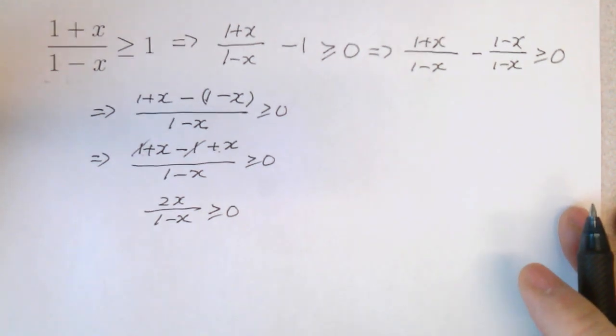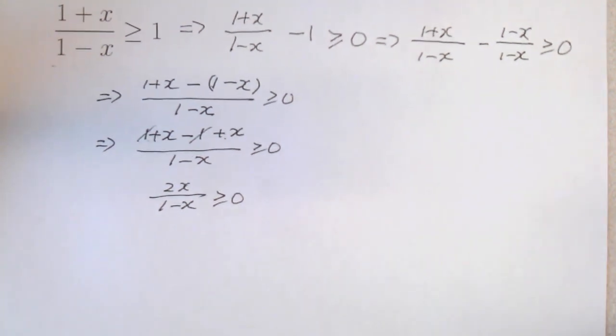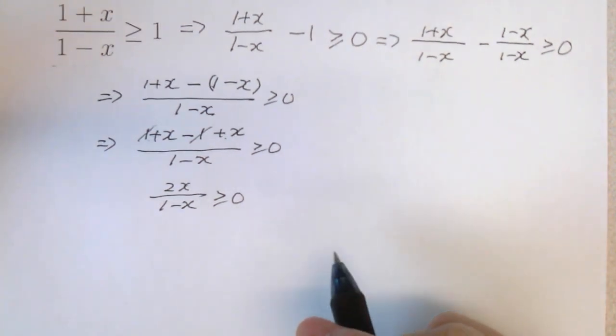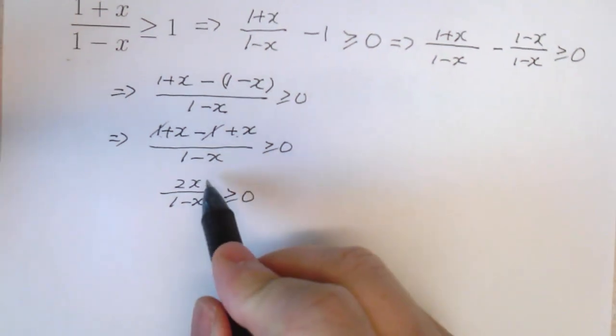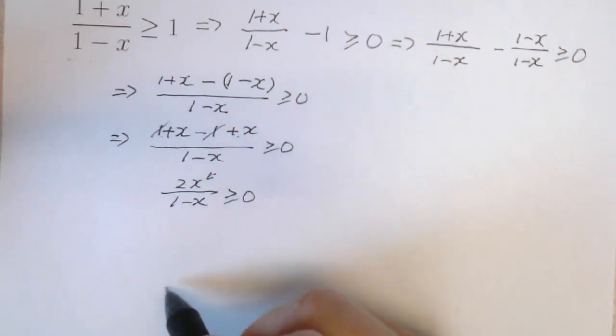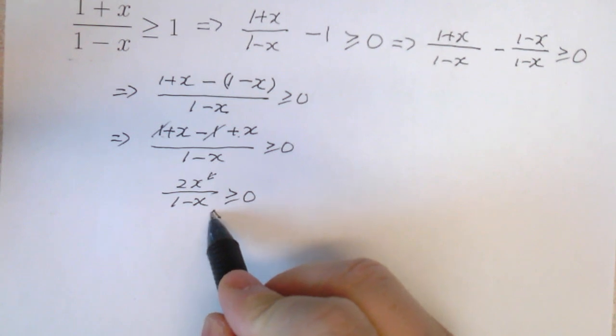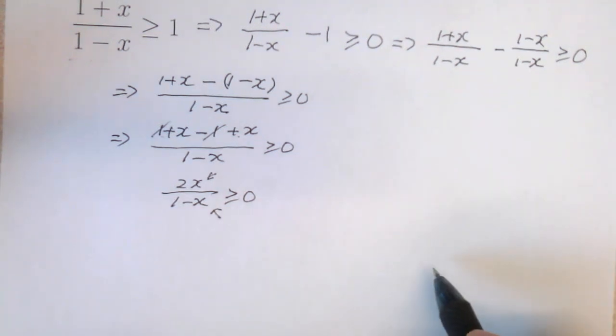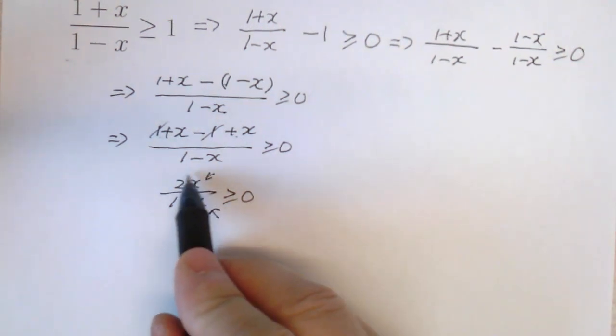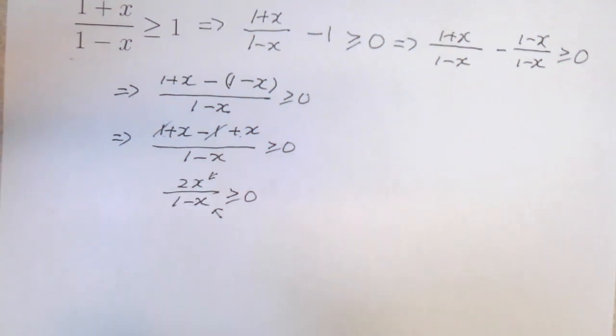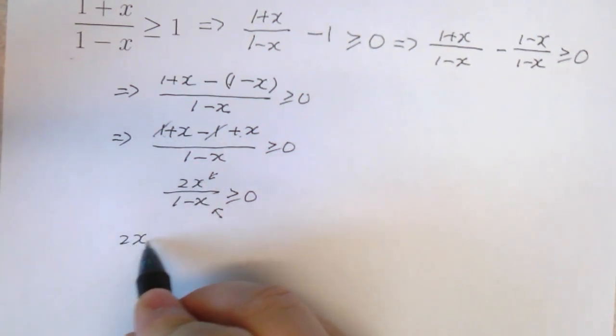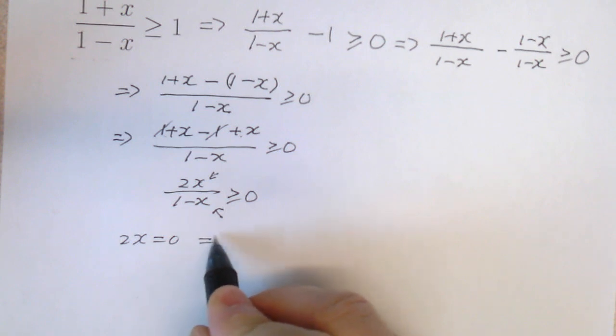So now how are we going to solve this? What we try to do to solve this is find the zeros of the numerator and the zeros of the denominator. The zeros of the numerator means make the numerator equal to 0. So you have 2x equal to 0, so you find x equal to 0.